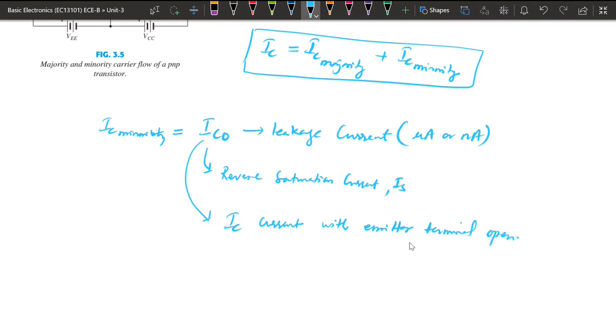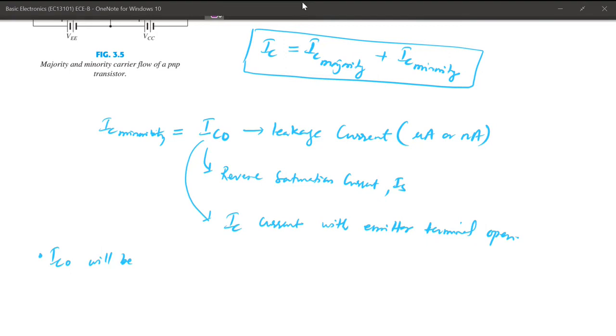This ICO is the leakage current, and it flows when the output diode, that is the collector junction, is reverse biased. At that time, we consider the emitter terminal open, so the emitter junction is open circuited, and whatever current flows is ICO. So ICO is IC when the emitter terminal is open. ICO is similar to the reverse saturation current, and it depends on the temperature.